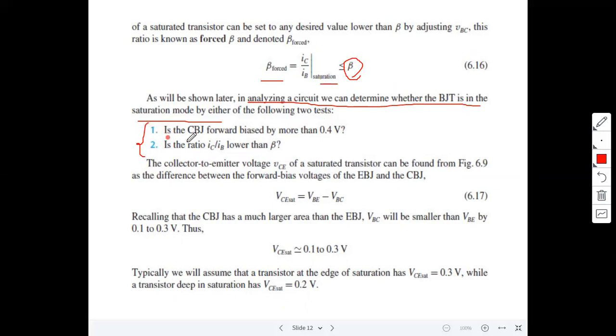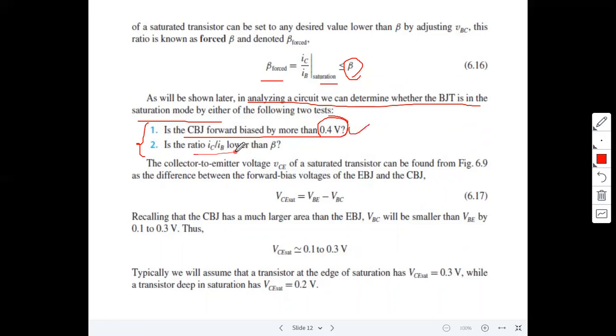One possibility is to check whether the collector base junction is forward biased more than 0.4 volt. Check the VC value. If this VC value is less than or approximately equal to 0.4 volts, then we can say that it is in saturation region.